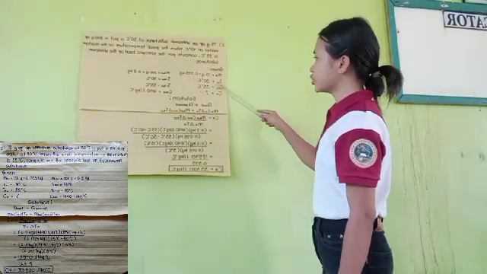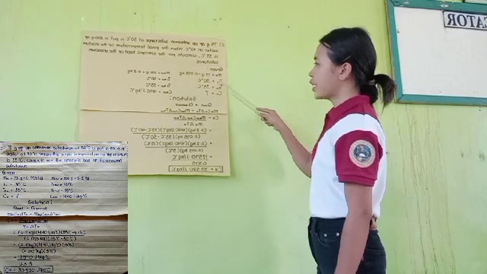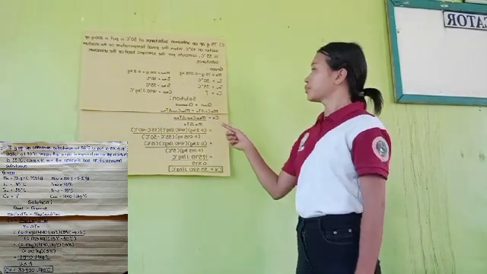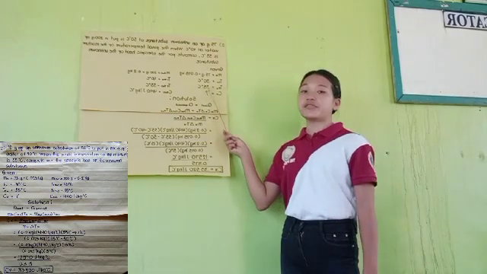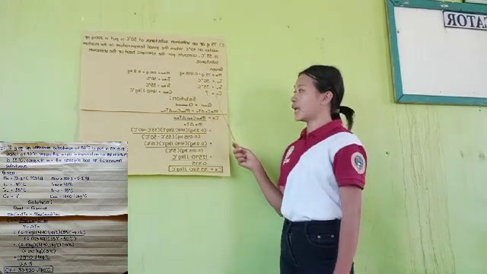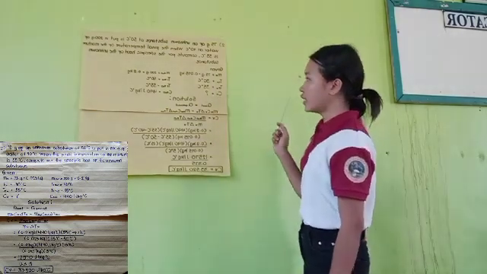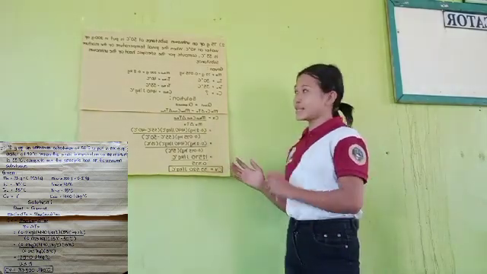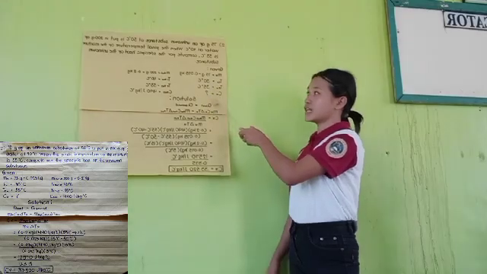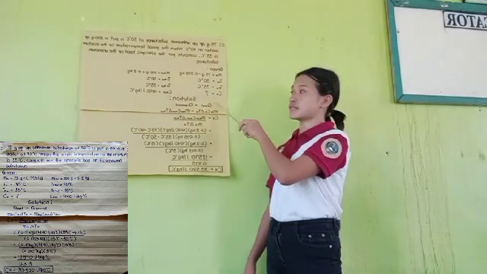The initial temperature of the unknown substance, 50 degrees Celsius. Its final temperature, 55 degrees Celsius. And the missing one, which is asked in the problem, is the specific heat of the unknown substance.